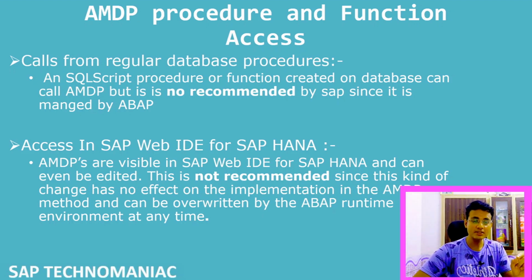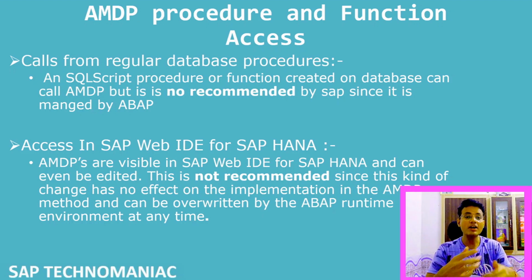As soon as you change them there, when we call those AMDP functions and procedures from the ABAP environment, the ABAP runtime will replace them again, whatever changes you have made. There will be no impact from the ABAP side, but if others have used them, their changes will not be stable and will be overwritten. So that's a very important thing.